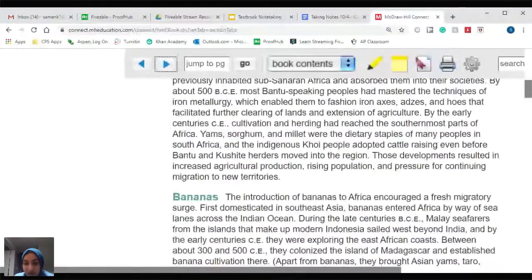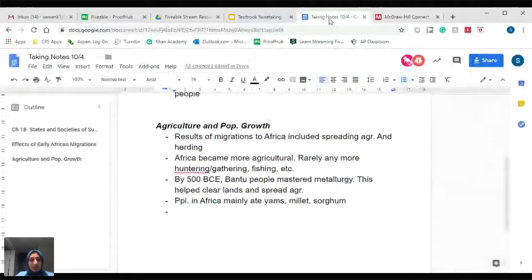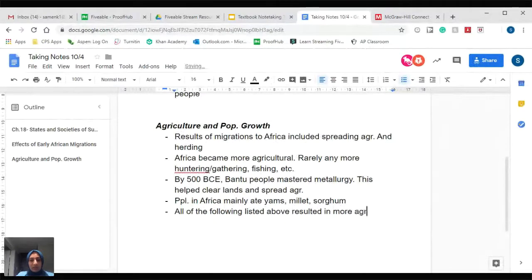We could say all of this resulted in more agricultural production, rising population, and pressure. So we could say all of the following listed above resulted in more agricultural production and a rising.